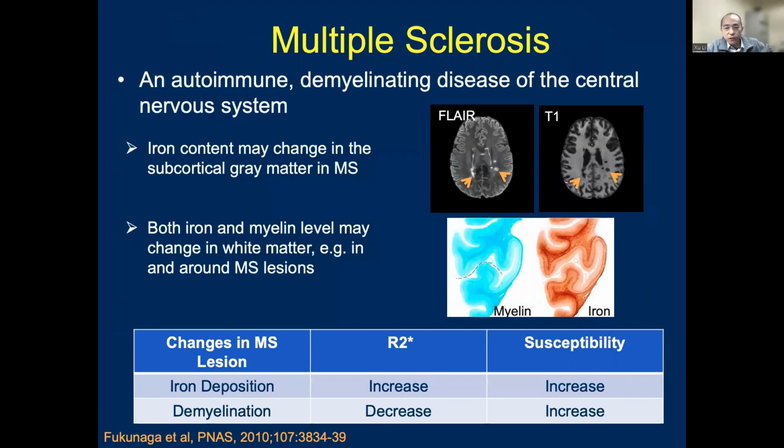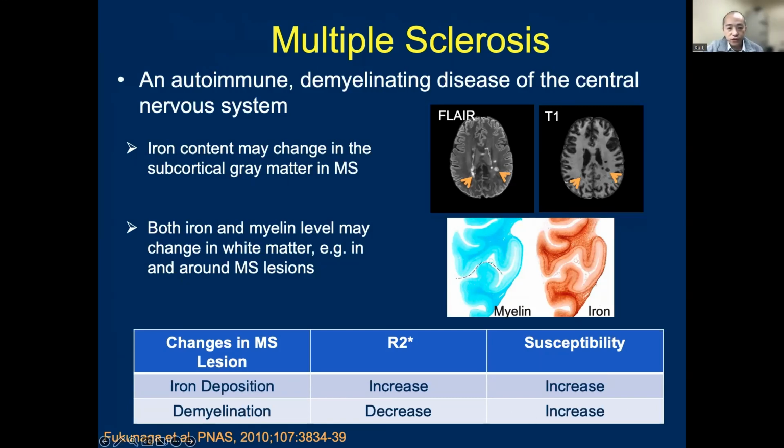Another important application of susceptibility MRI in neurodegeneration is in multiple sclerosis, which is an autoimmune disease with demyelination happening in the central nervous system. Of course, there are many studies reporting that iron content may change in the subcortical gray matter in MS, but also in white matter, we may see changes of both tissue iron and myelin content.